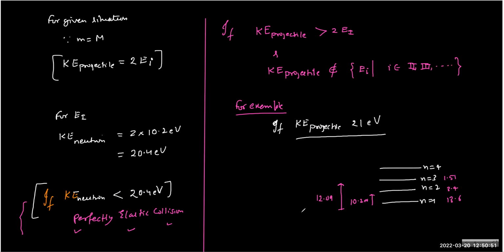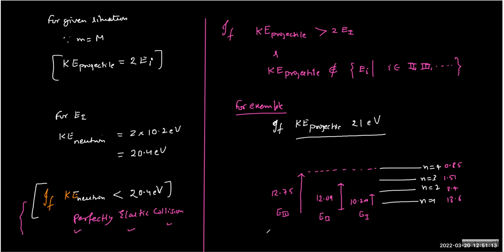And then if you go from 1 to 4, which is the third excited state, and this is up to what you need to remember. The answer is how much? 12.75. So this is the E1, this is E2, this is E3, and you must remember.